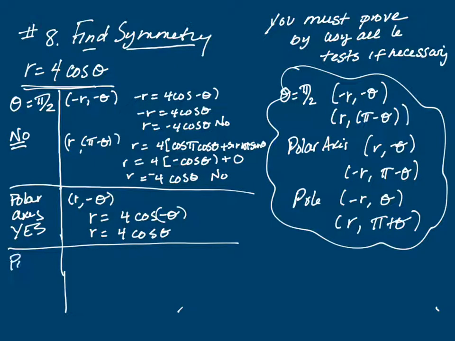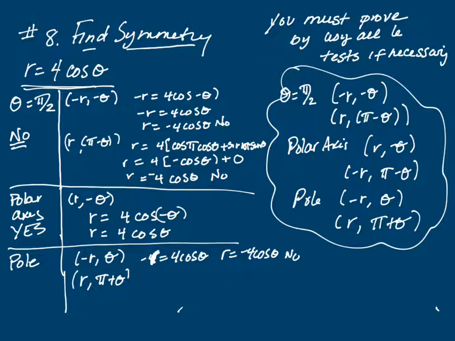So the pole is my last one. I would do negative r, positive theta first. So I would get negative r equals 4 cosine theta, so r is negative 4 cosine theta, so that is a no for that. And then I would check positive r and pi plus theta. This is the pi plus theta one, the pole.